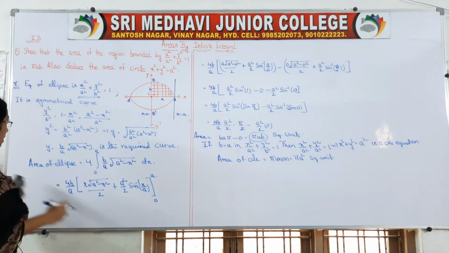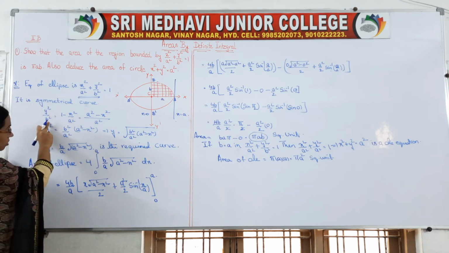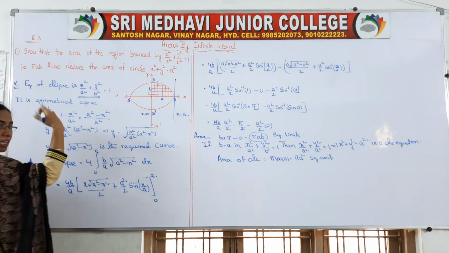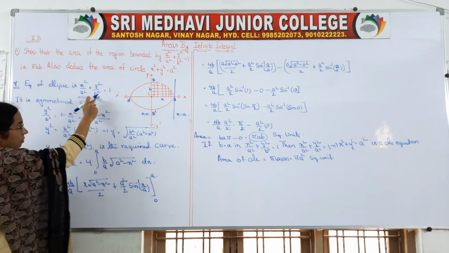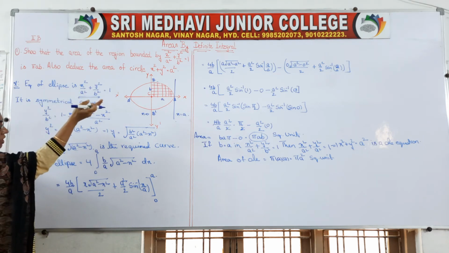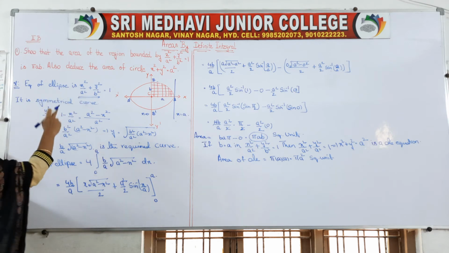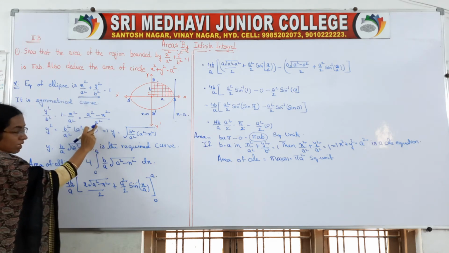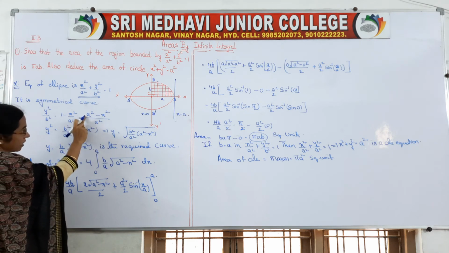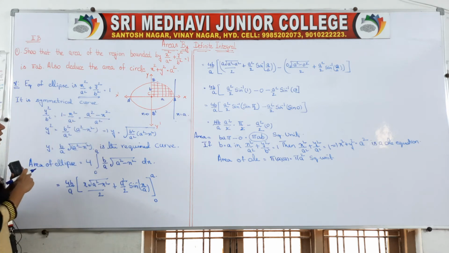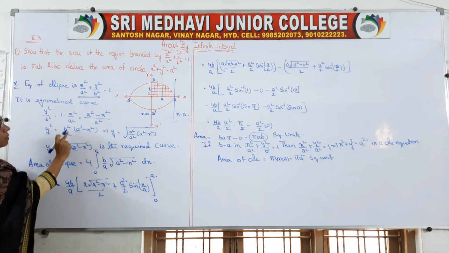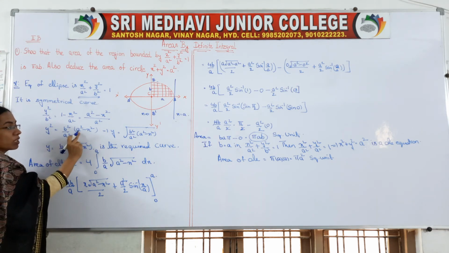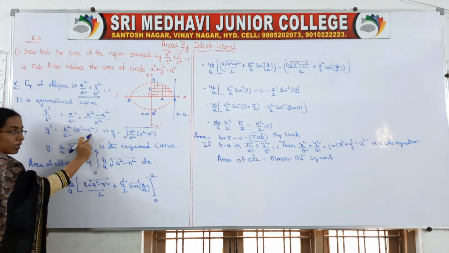So y square by b square is equal to, sending x square by a square to that side, 1 minus x square by a square. Take a square as the LCM, then it is a square minus x square. Then you send b square, so y square is b square by a square into a square minus x square.